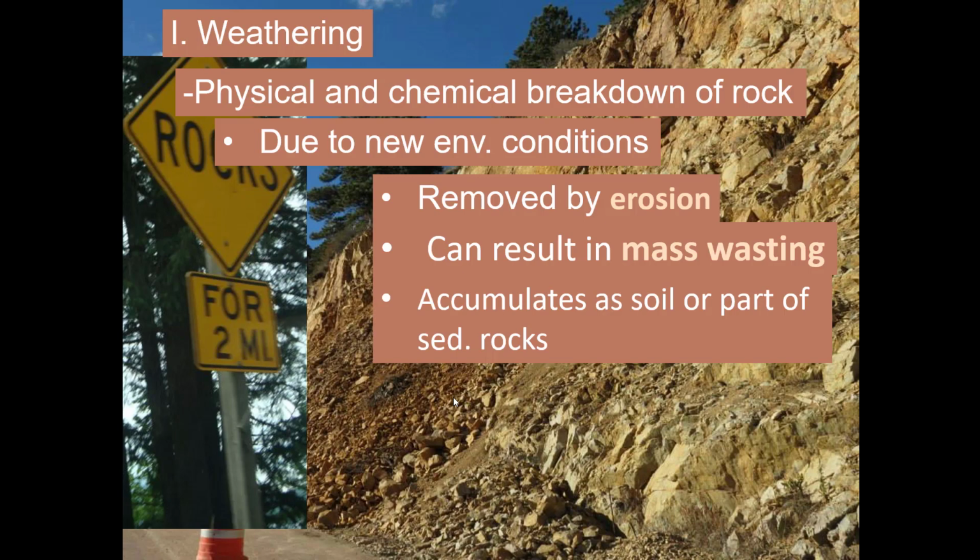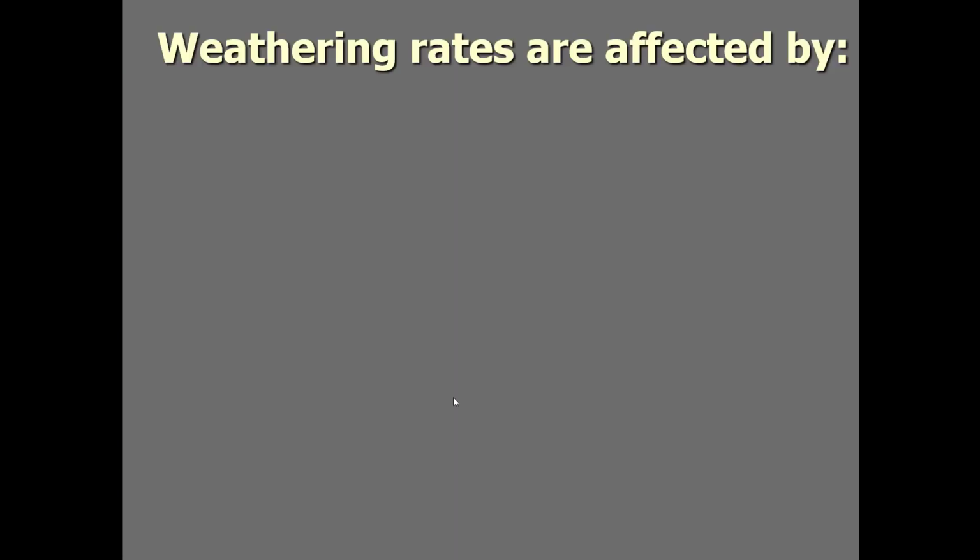Sometimes the sediment then will accumulate either as soil, which is obviously super important to people who have a need to eat to stay alive, or they can become part of sedimentary rocks. They can then become compacted and compressed and cemented together as the primary components of sedimentary rocks. So this is where sedimentary rocks really start.